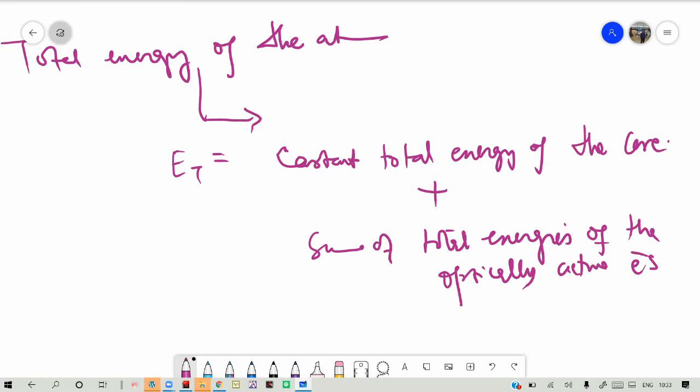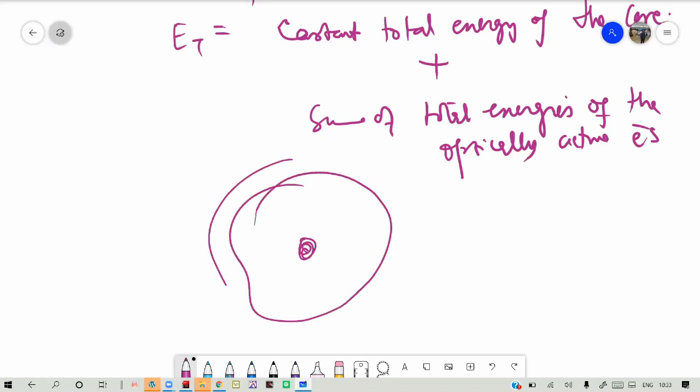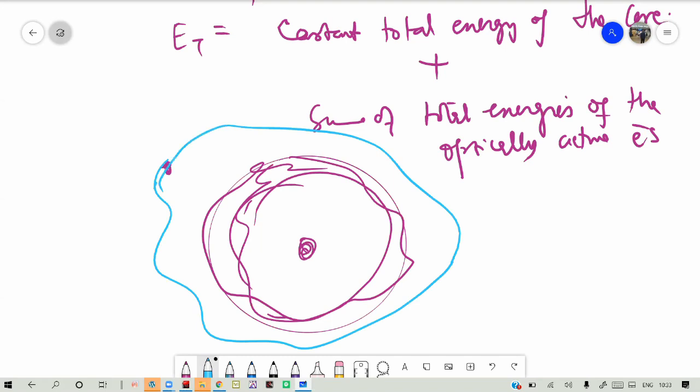So these are the two parts of the total energy. One is the nucleus plus the inner orbitals, which are the core and form a spherically symmetric potential, plus the energies of the optically active electrons.